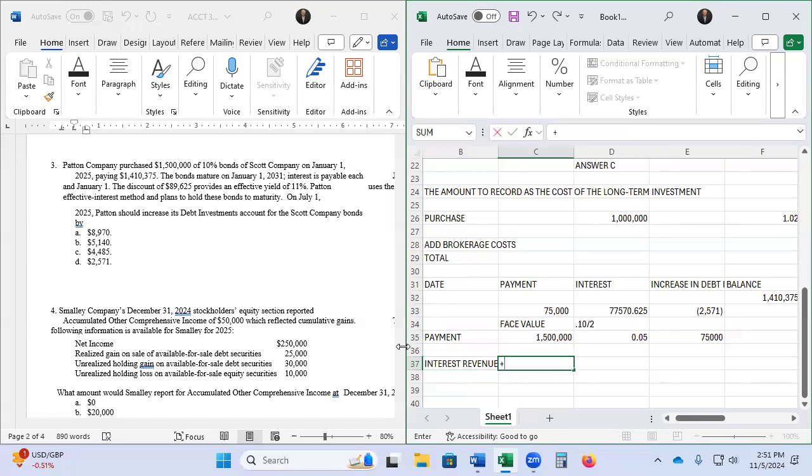And our interest we calculated, that's the 1.4 million multiplied by 0.11 divided by 2. So it's 0.055. And so that difference is 2,571.